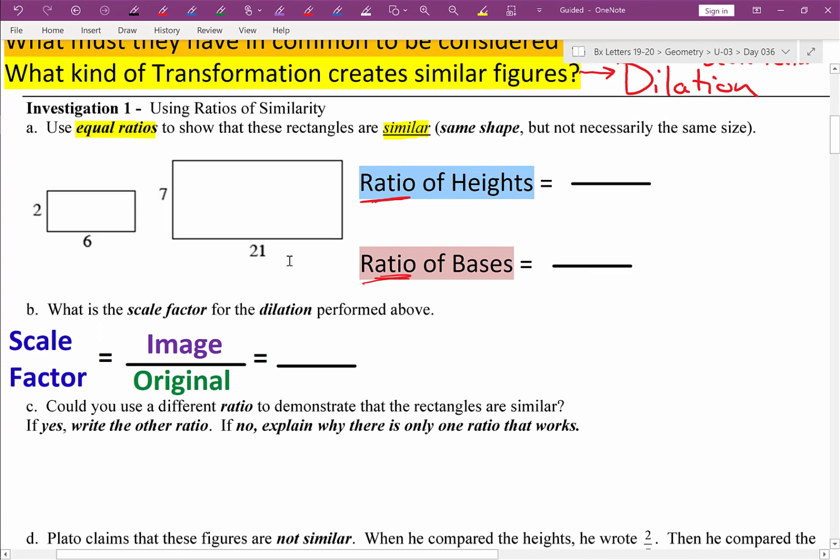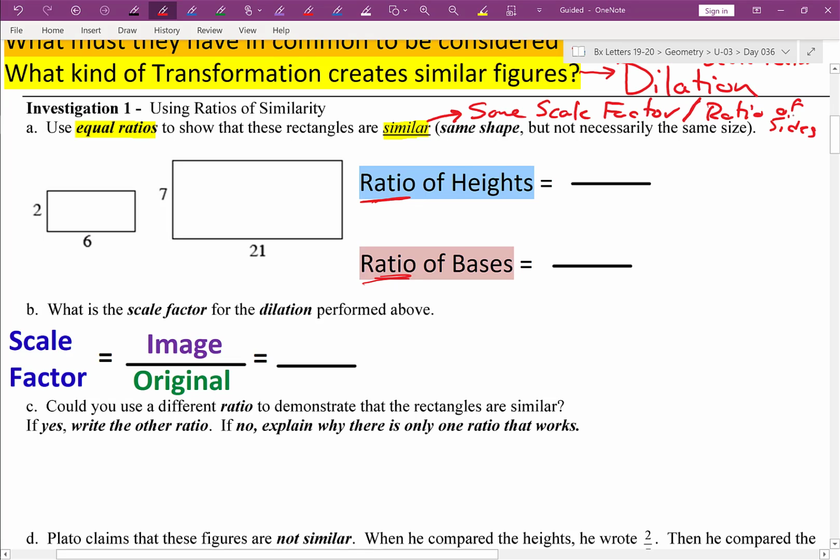And then unpause it and come back whenever you need. Alright, so using equal ratios, show that these rectangles are similar, meaning same shape but not necessarily the same size, meaning they have the same scale factor, the same ratio of sides.